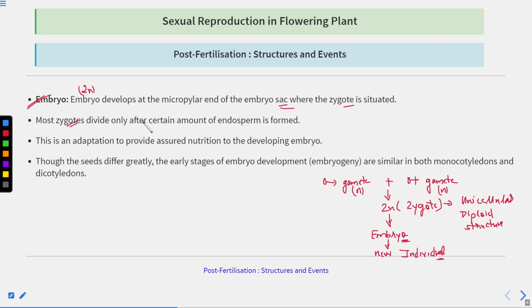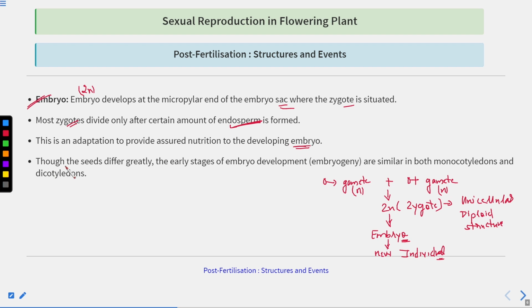The zygote divides only after a certain amount of endosperm is formed. That's why endosperm development precedes embryo formation, because endosperm is a nutritive tissue. It provides nutrition to the developing zygote and the embryo. This is an adaptation to provide assured nutrition to the developing embryo.